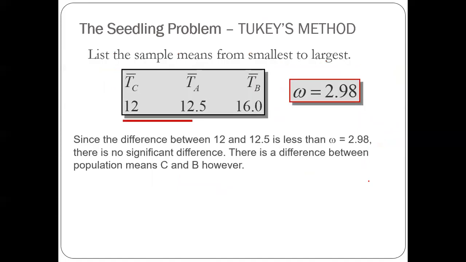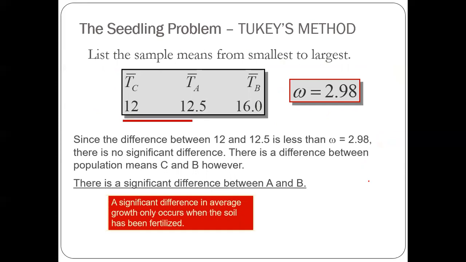So what can we conclude here? We can conclude that there is a significant difference in average growth only when the soil has been fertilized. Why can we conclude like this? Because both the comparison differences between means are referred to treatment 2, that is fertilization.